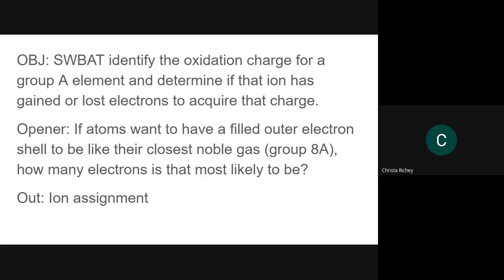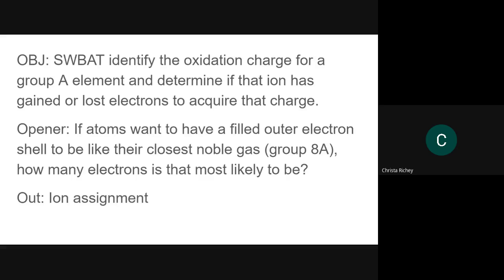Most of them do. If I pull mine up here, these 6, yeah, they want 8. But helium wants 2 because the first shell is full with 2. Every shell after that is full with 8. So octopus, octagon, oct, the prefix does mean 8, but the octet rule doesn't necessarily mean it wants 8.